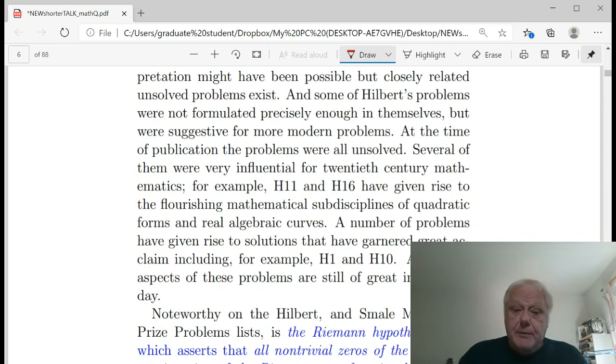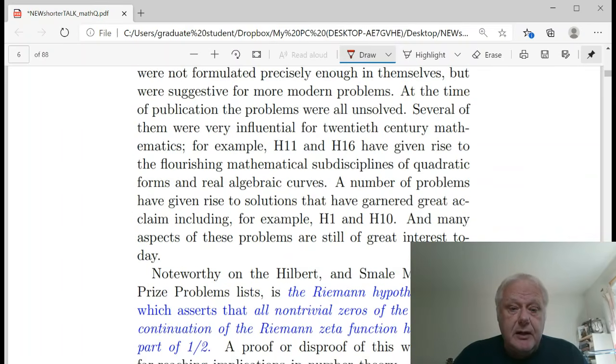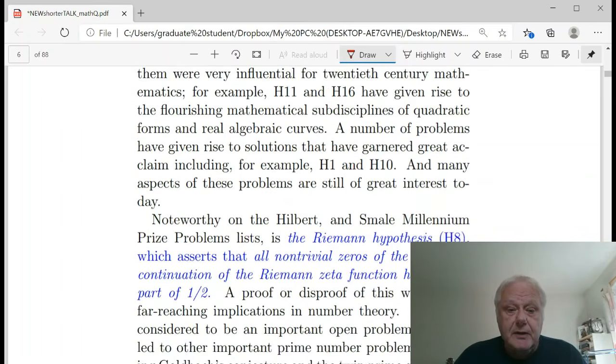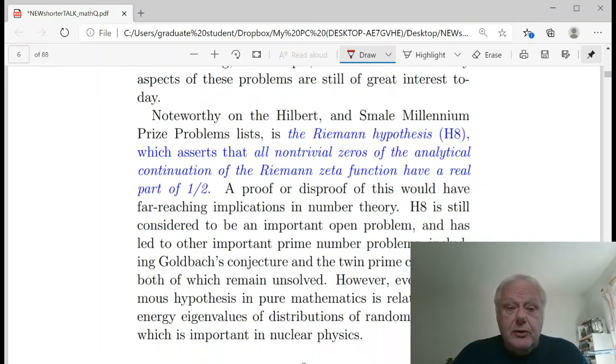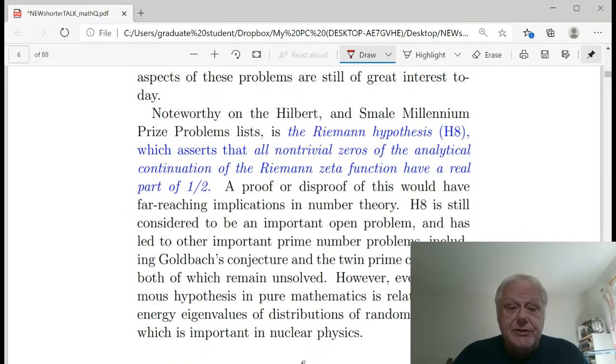And some of the problems have given rise to solutions that have garnered a lot of attention. One of the most noteworthy problems is the so-called Riemann hypothesis. This asserts that all non-trivial zeros of the analytic continuation of the Riemann zeta function have a real part of a half.